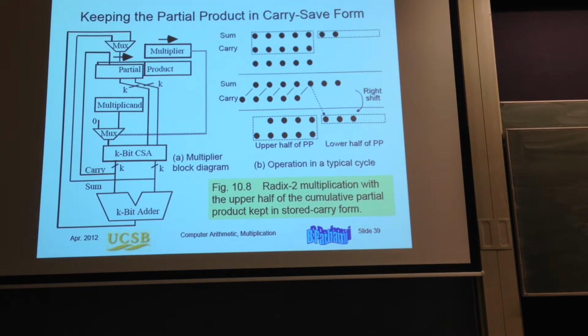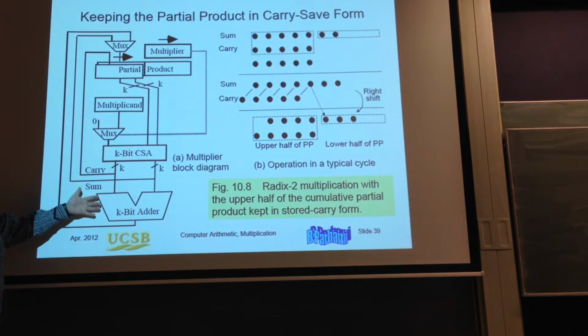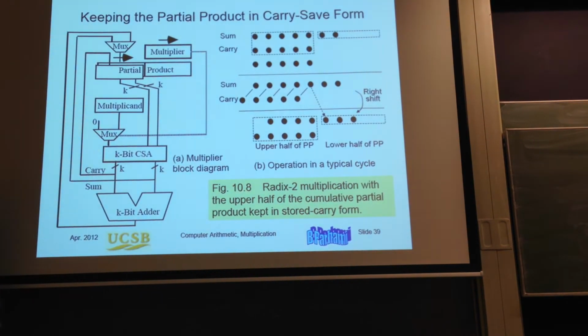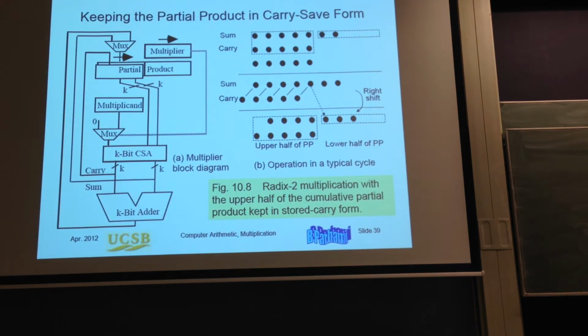While before, each and every iteration I had a shift and a carry propagate addition, now each and every iteration I have a shift and a carry save addition. Then it will take me k minus 1 carry save additions if I have k cycles, and in the final cycle I have a carry propagate addition. And this is essentially the trick behind doing it really fast.